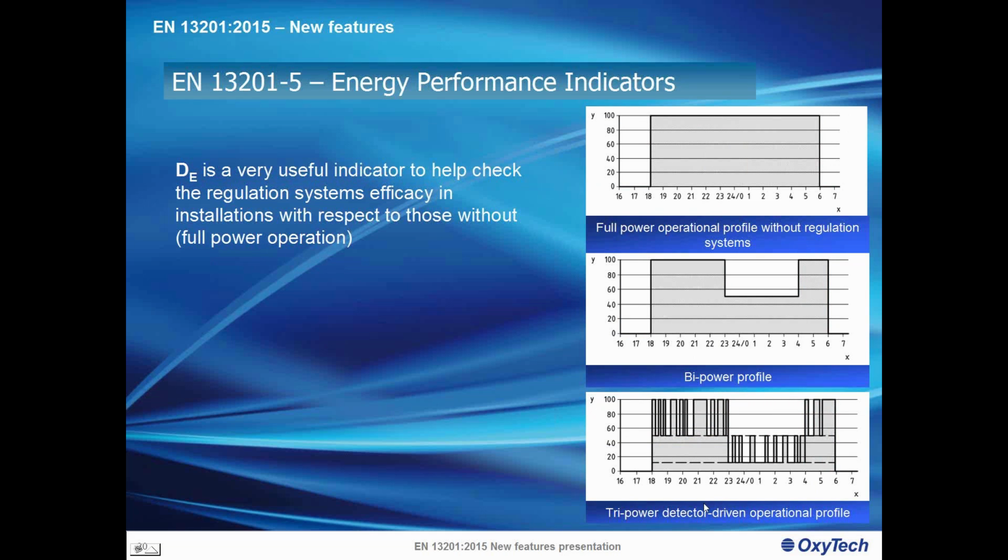The third case is related to the so-called detector-driven operational profile. So it means that in this case, we have some presence sensors. So for example, we have sensors detecting if some vehicles are passing, and whenever a vehicle is passing through the road, the system will turn on or put up the power level and come back to the lower level whenever there is no vehicle passing.